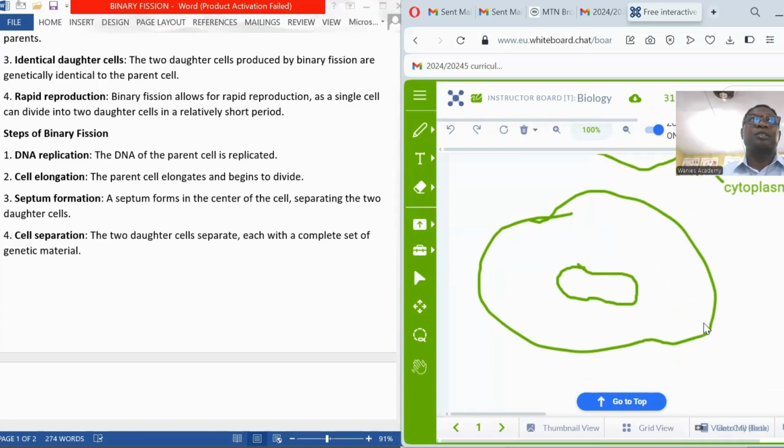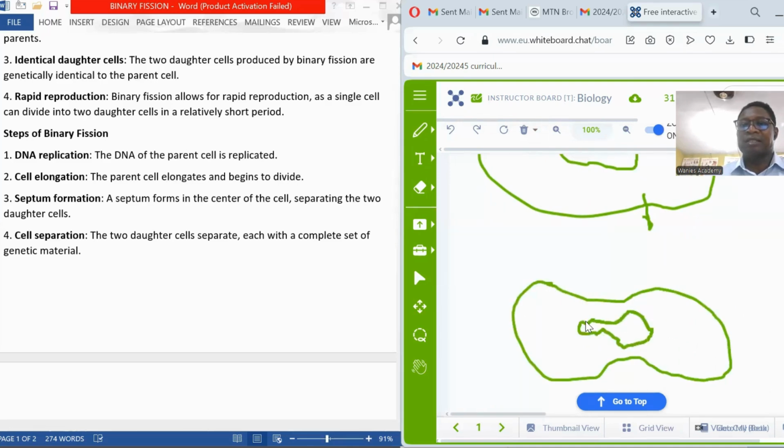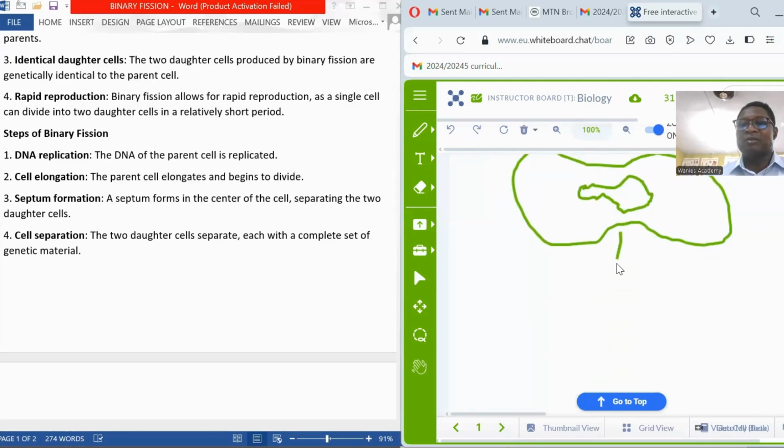It shows a sense of what? Division. As the nucleus divides, the cytoplasm also tries to divide. The cytoplasm also starts to what? To divide. And at the end of the day, we have two different cells that are formed.